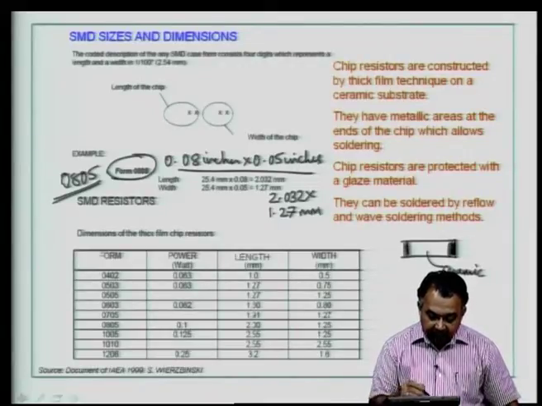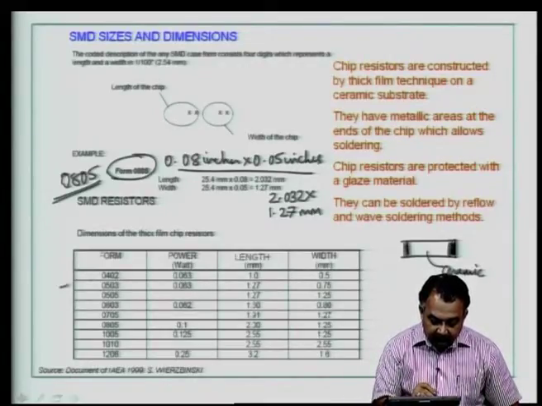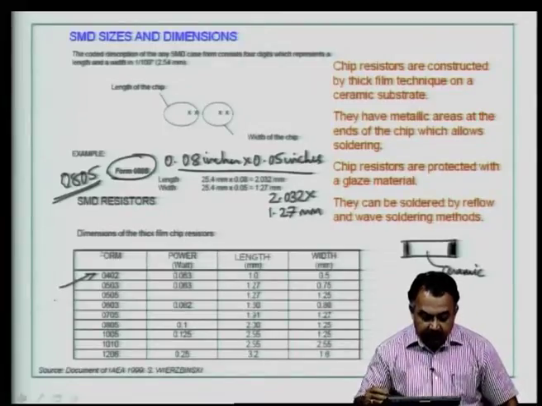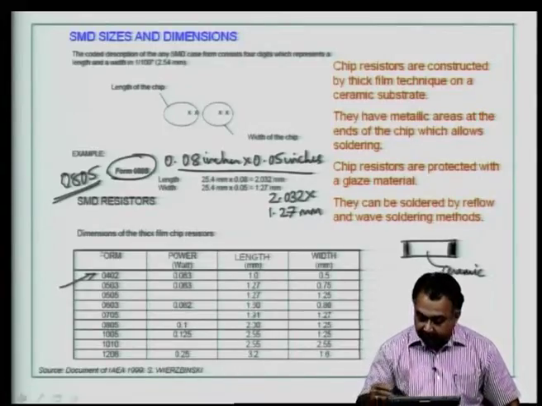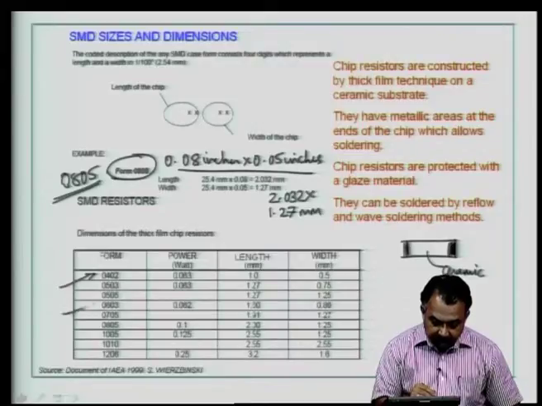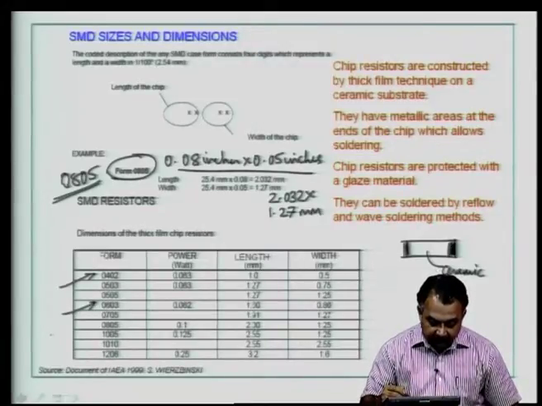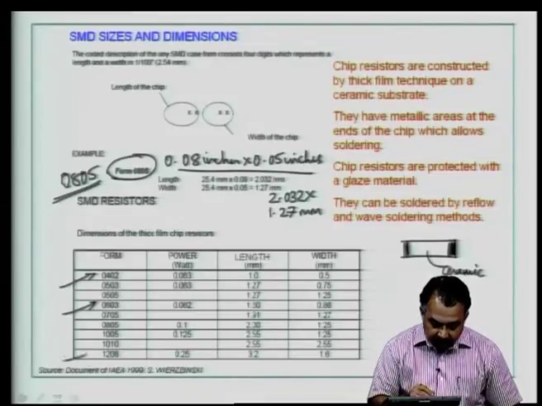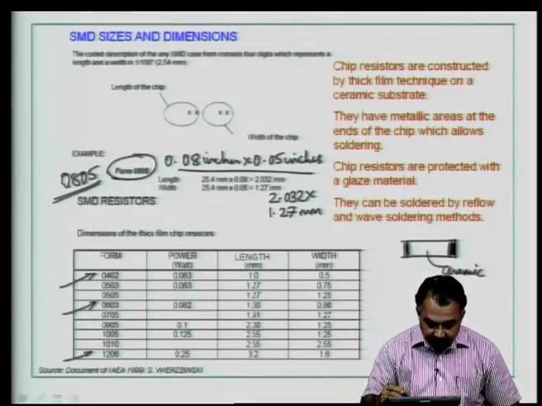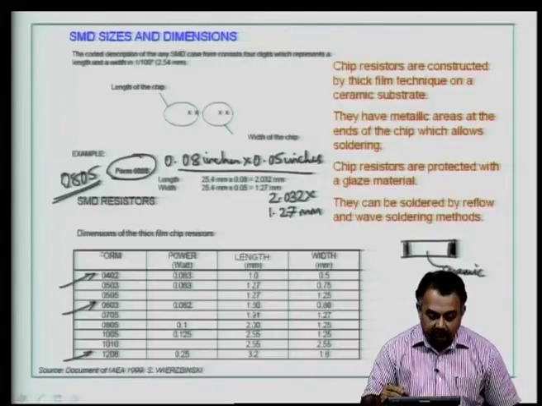If you have, for example, a 0402, it means 0.04 inches by 0.02 inches. 0603 means 0.06 inches by 0.03 inches. 1206 again means 0.12 by 0.06.